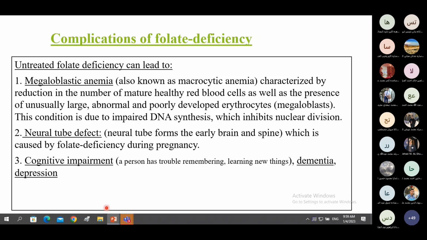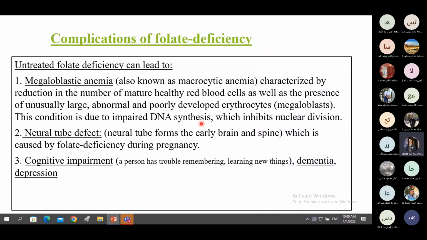Megaloblastic anemia is characterized by a reduction in the number of mature healthy red blood cells. Red blood cells, also known as erythrocytes or RBCs, all the same. As we said at the start of this lecture, folate is very important for the maturation of red blood cells. Also, this condition is caused by impaired DNA synthesis due to deficiency in the folate.